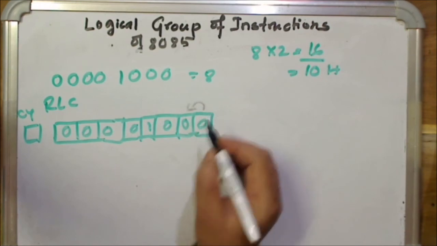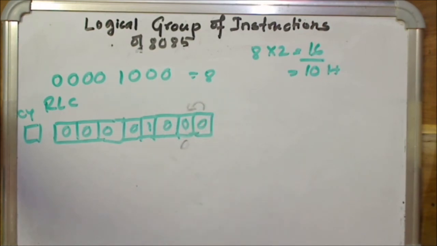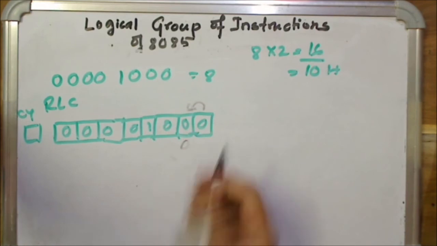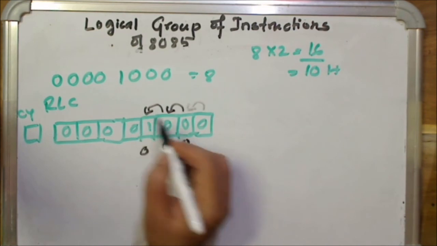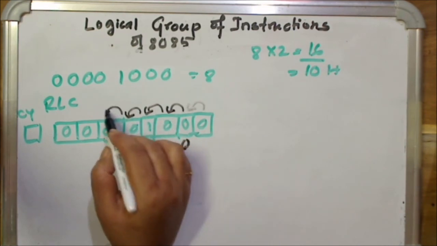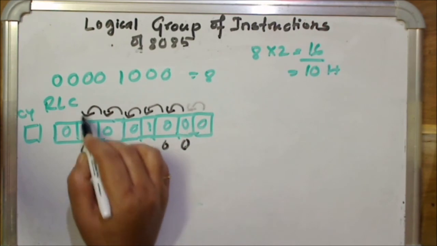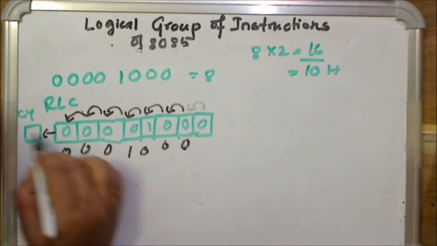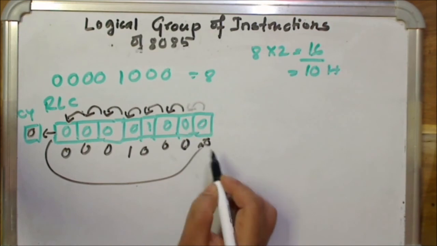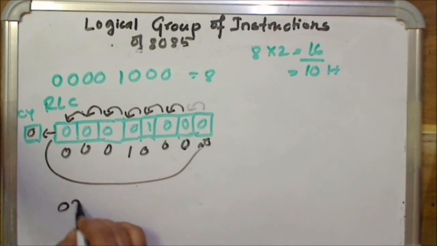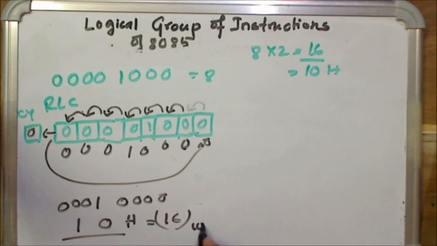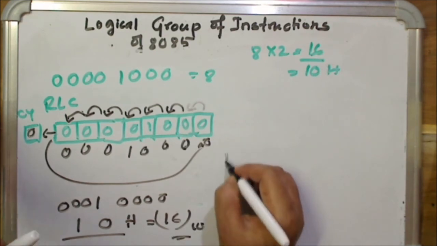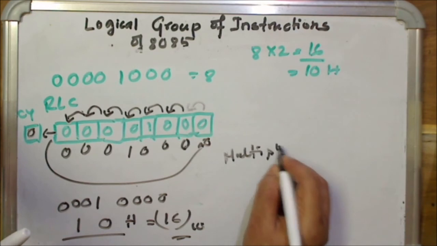Every bit shifts one place left, and the bit from the end comes over here and becomes 0. So what is your answer? 0 0 0 1 0 0 0 0. That is 10 in hexadecimal, which is 16 in decimal. So this is nothing but multiplication by 2.